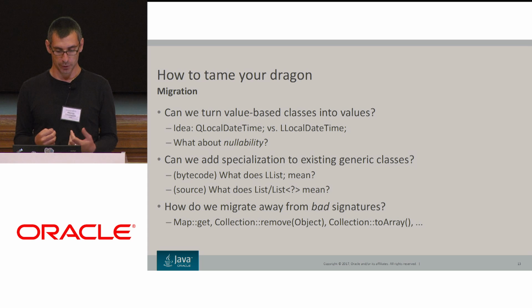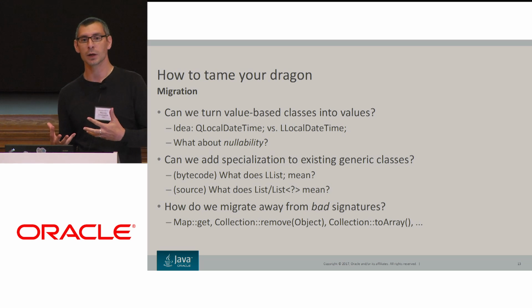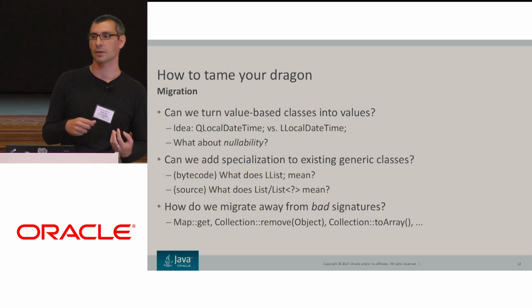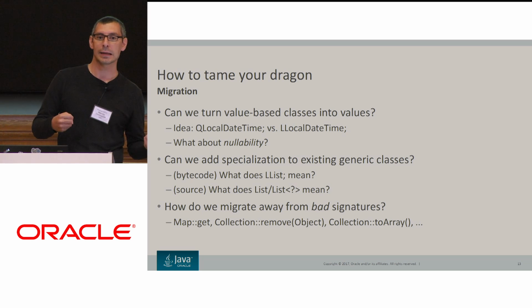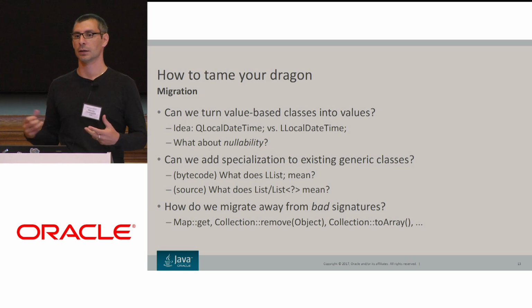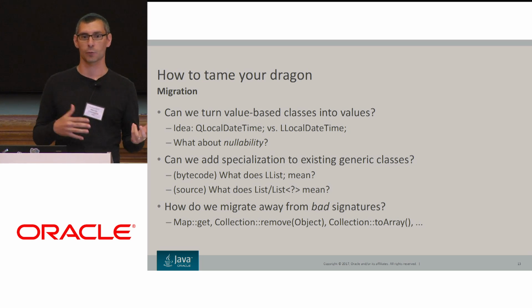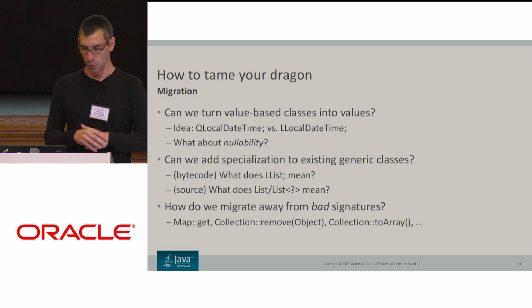And that means, for example, if you have a value-based class, you would like to be able to turn that value-based class into a full value type. We think we have a good bytecode trick up our sleeve here. We could use the Q letter to denote the valueness. So Q LocalDateTime means the value. L LocalDateTime could mean the boxed version. In this way, we can preserve some form of binary compatibility.